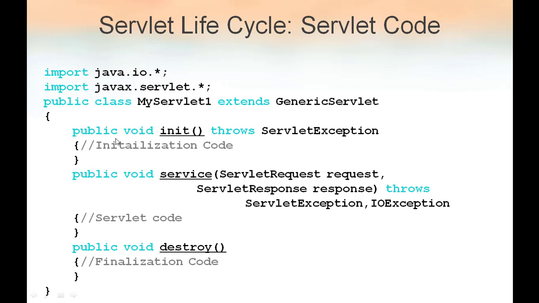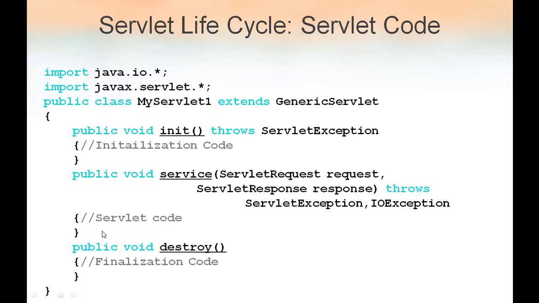First method is public void init throws ServletException. Here we need to write initialization code. After initialization, the container calls the service method: public void service, with the object of ServletRequest and the object of ServletResponse, throws ServletException, IOException.